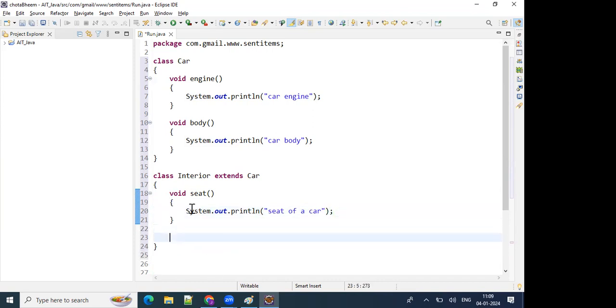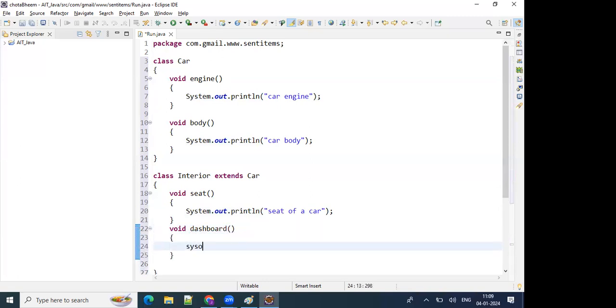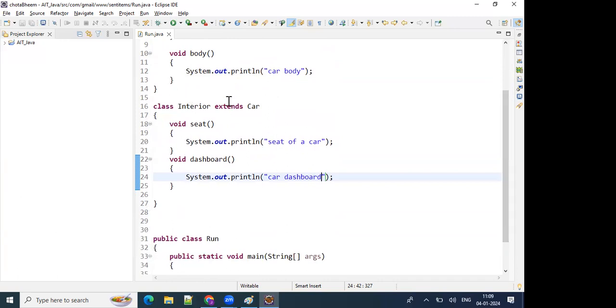Any other? Void dashboard. So totally, how many methods do we have in Interior? Four methods, 2 plus 2, and the others are of Interior.